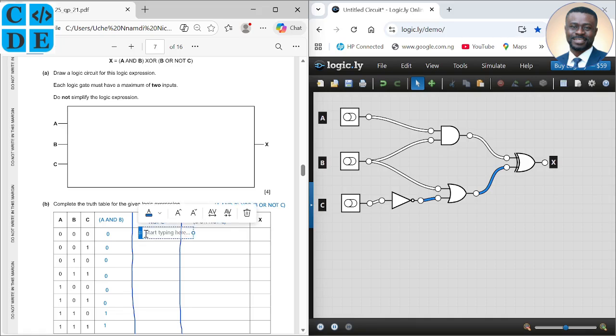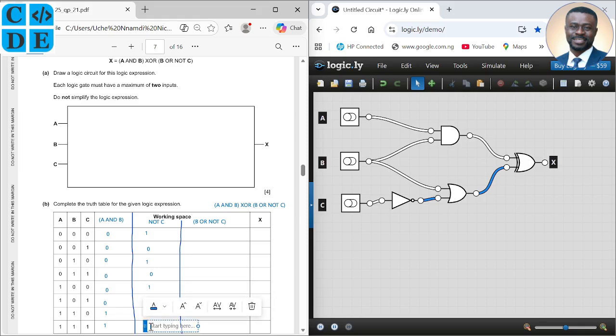NOT C is just the inverse of C. So whatever we have here, we inverse it. So 0 will be 1, 1 will become 0, 0 will become 1, 1 will become 0, 0 becomes 1, 1 becomes 0, 0 becomes 1.